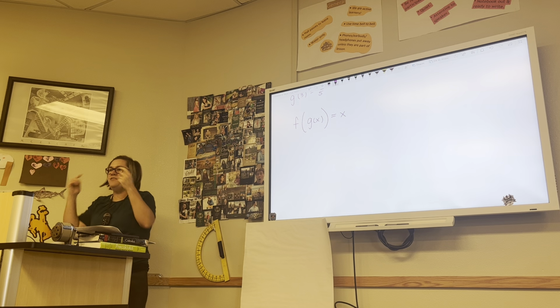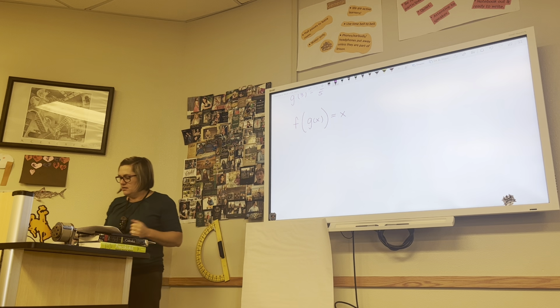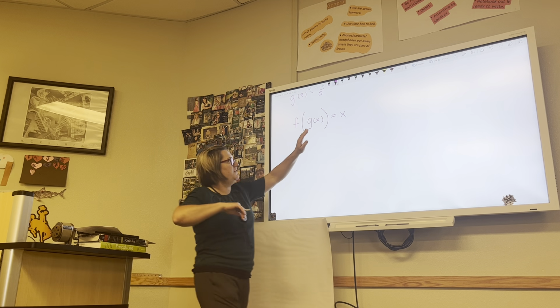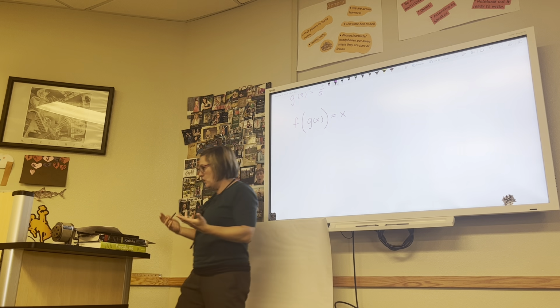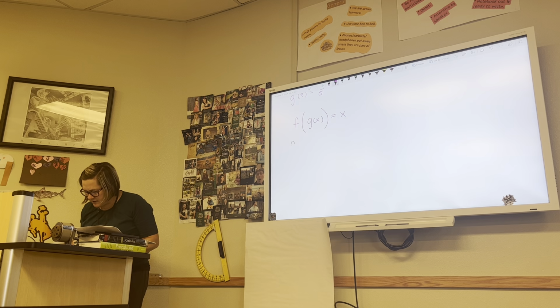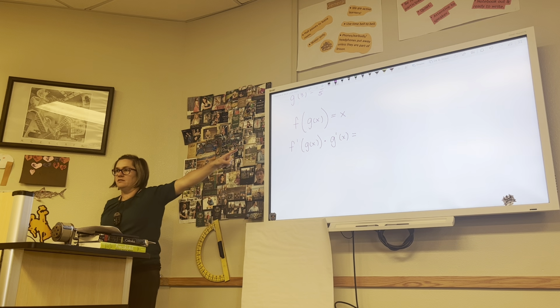So, take the derivative now of both sides. On your assignment, number 58, you had to do derivatives like this. So, it's a chain rule. So what's the derivative of the outside? F prime, leaving the inside alone, times the derivative of the inside, which is g prime of x, equals, now, what's the derivative of x? 1.